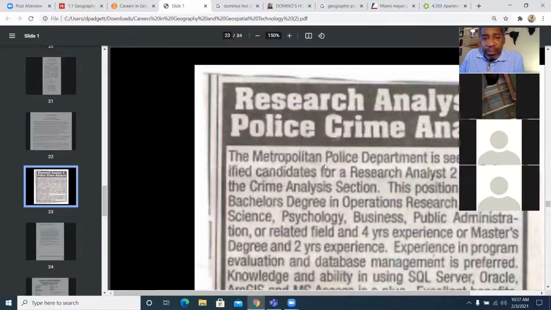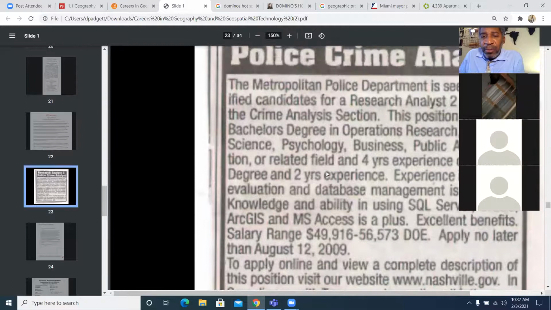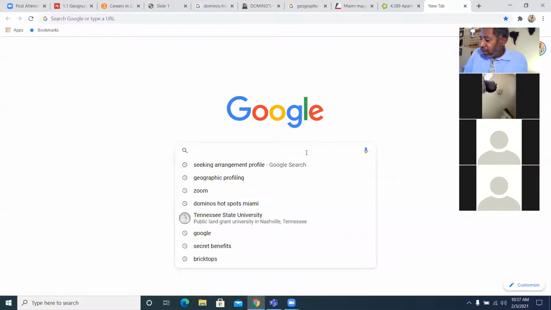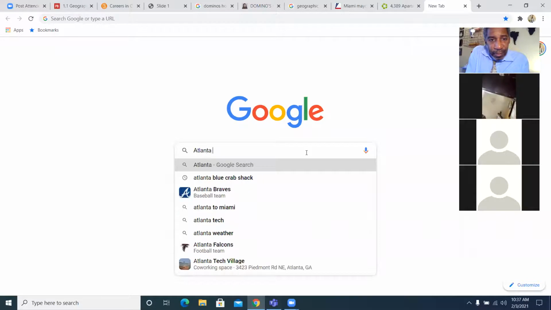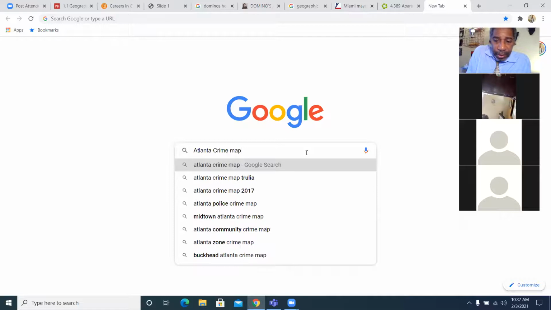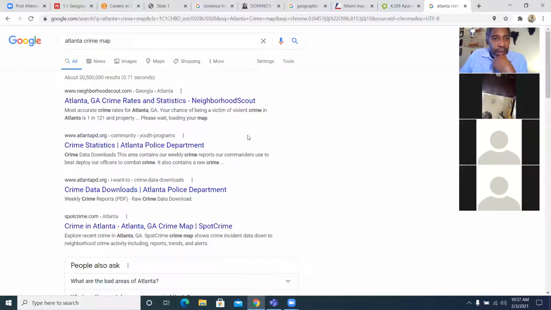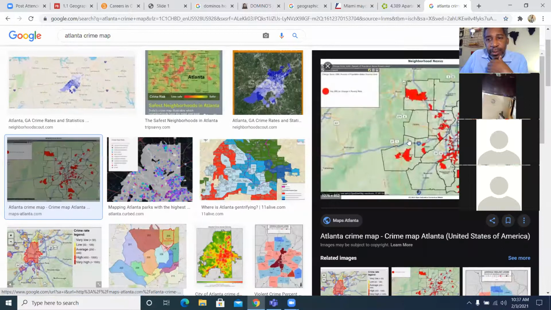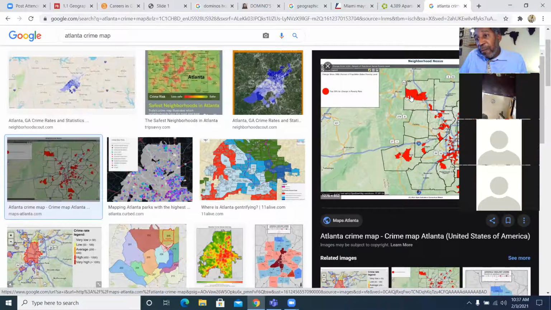Again, if you are in criminal justice, almost every city in the United States has a crime map. And so if you type in Atlanta crime map, any city that you type in, any large city, here you have crime maps for Atlanta, Georgia. Police use crime mapping to try to fight crime.